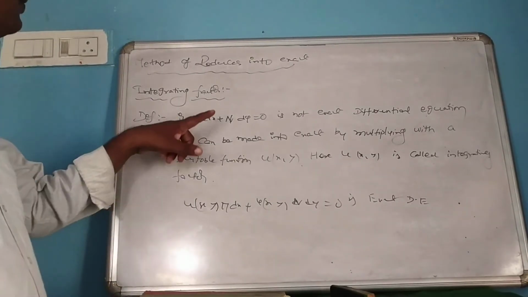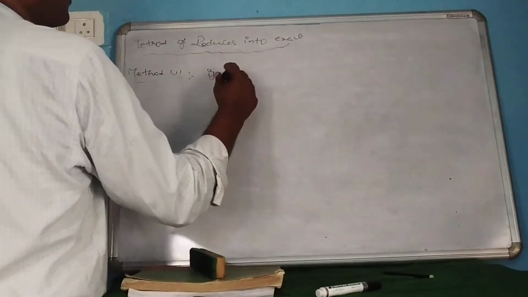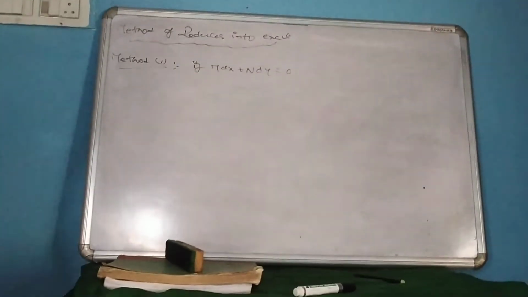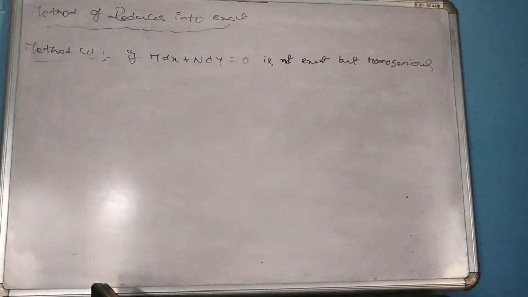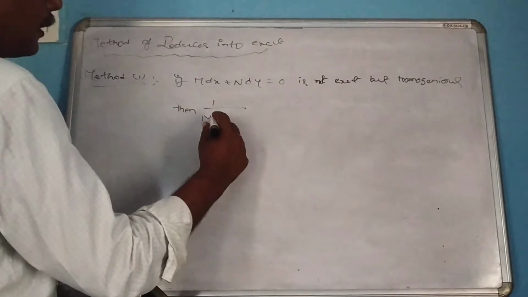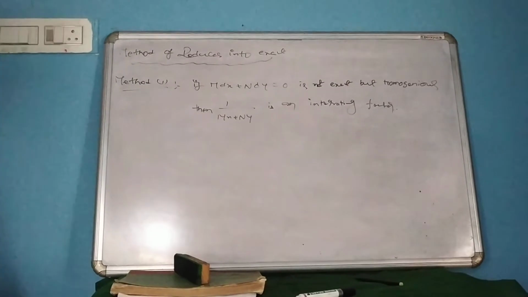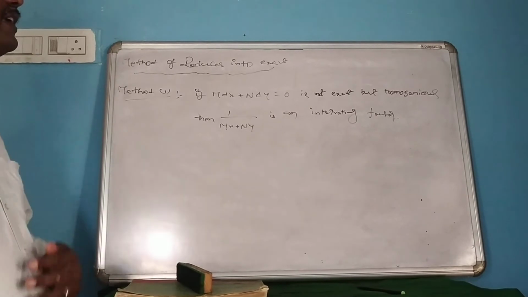How to find the integrating factor? In this case, how to find the integrating factor? If M dx plus N dy is equal to 0 is not exact but homogeneous, then 1 by Mx plus Ny is an integrating factor.